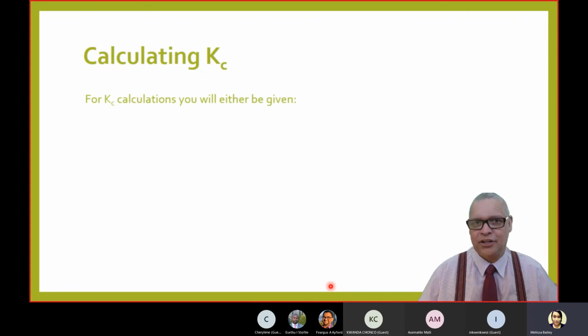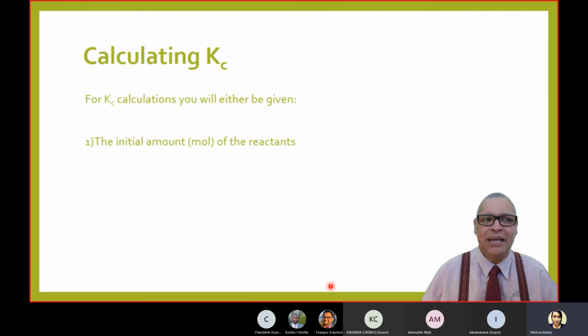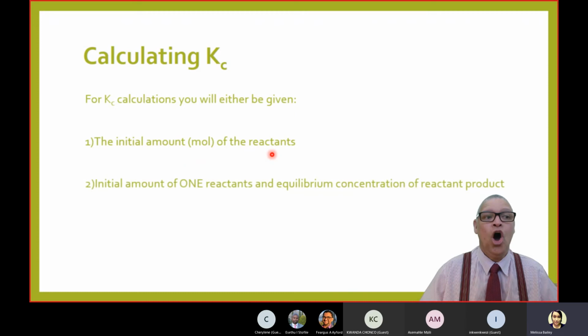For Kc calculations, notice the following: you'll either be given the initial amount in moles of the reactants, or you'll be given the initial amount of one of the reactants and the equilibrium concentration of a reactant or product.